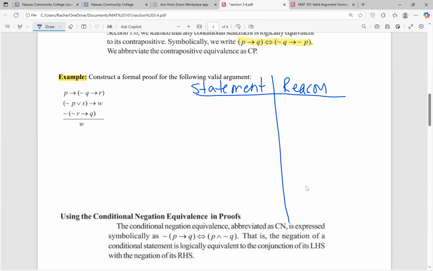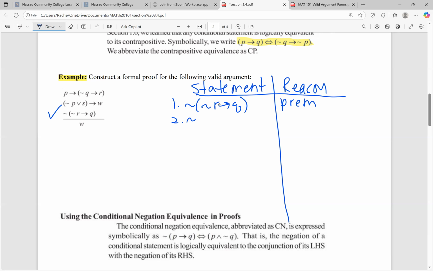So what I'm going to do is list the third premise. So we're going to have not R implies Q, right? That's true because it's a premise. And what's equivalent to this is the contrapositive, right?